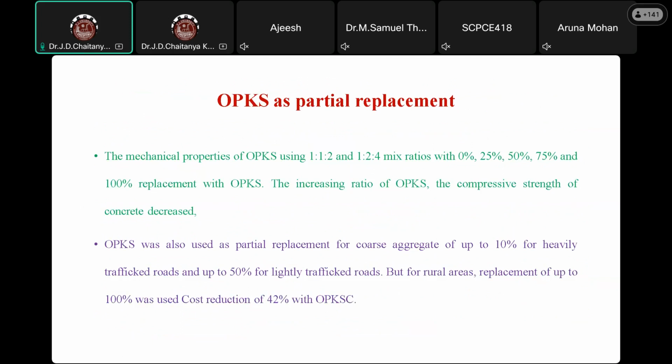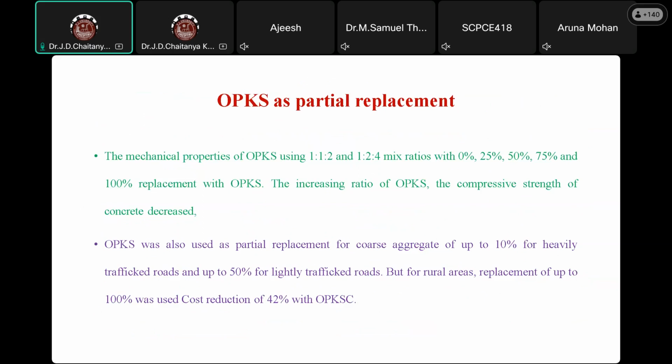If we increase the shell content, definitely the strength will be reduced. That's why we limit the replacement to 20 to 30% only, to get the structural stability and the desired strength values.